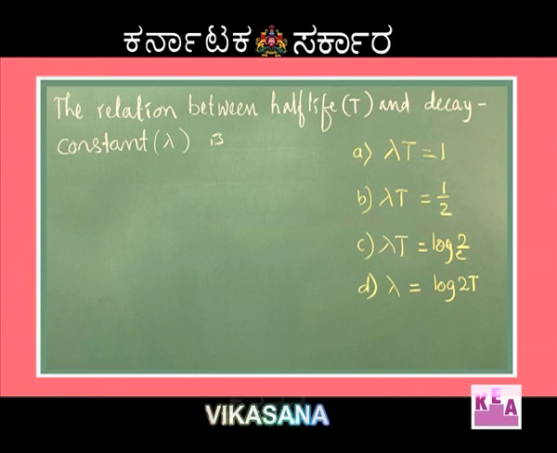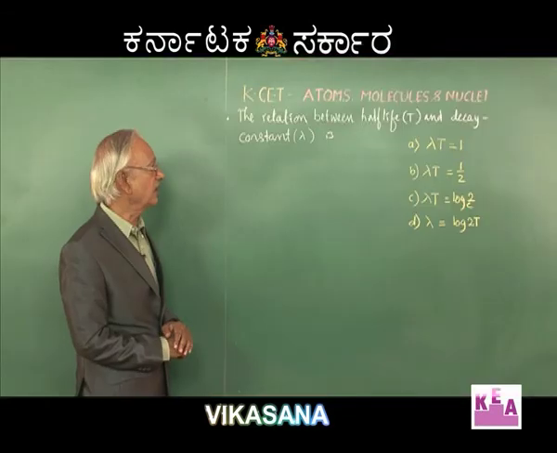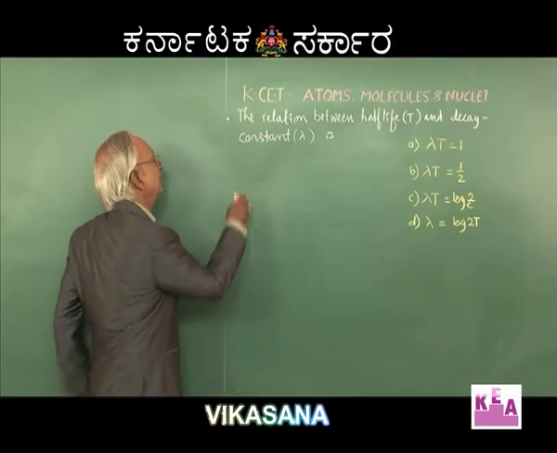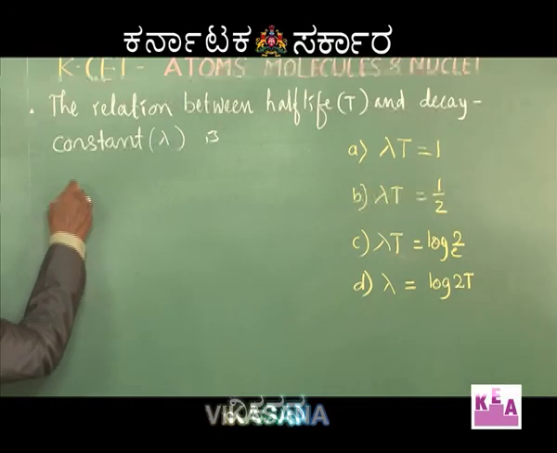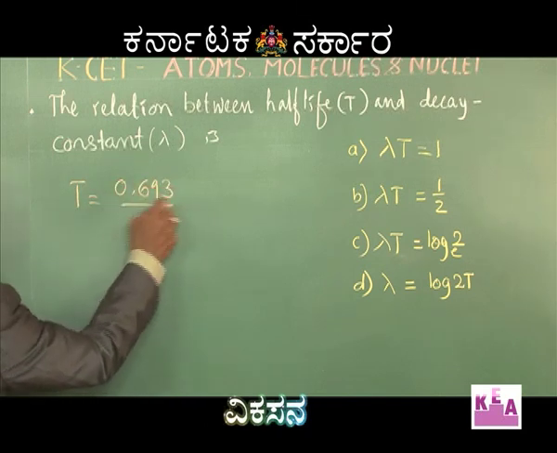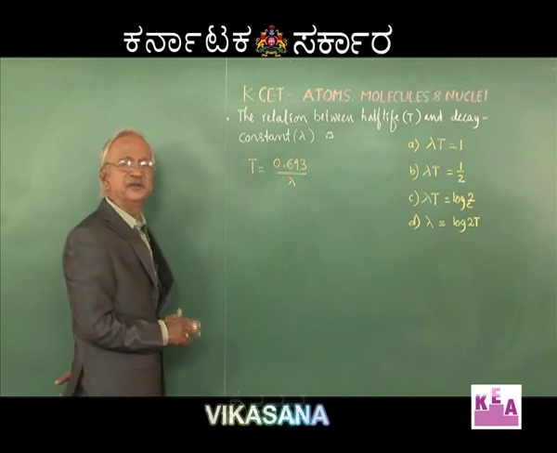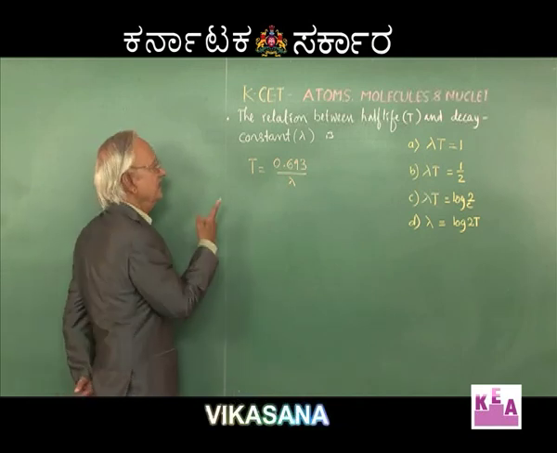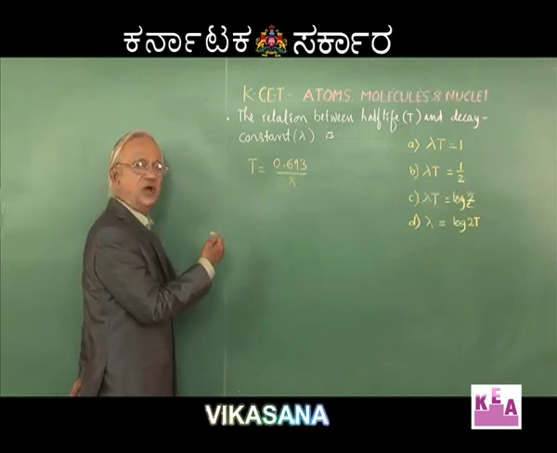See here, in case of such questions, do not hurry up to mark the answer options. Please recall the equation that you know for half-life in terms of decay constant. So, T is equal to 0.693 divided by lambda. All of you would have written this many times. Then you need to know 0.693, how did you get it?